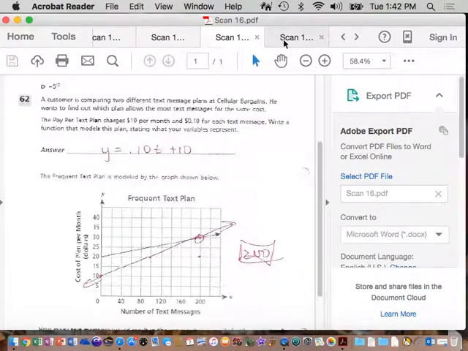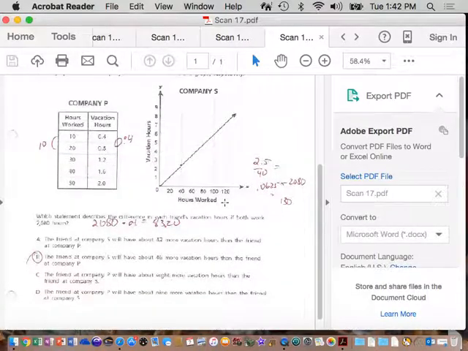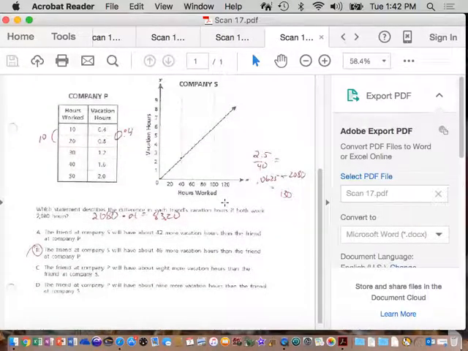Okay, next up. It's a very hard question here. You have to do the slopes and the rates of change and compare them. Okay. All right, any questions anywhere through it?